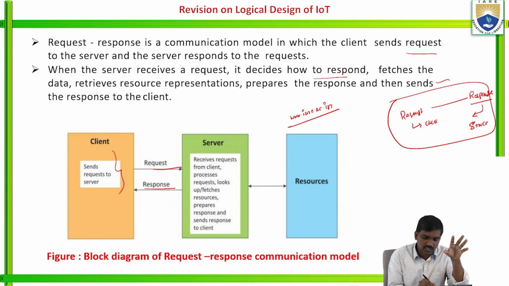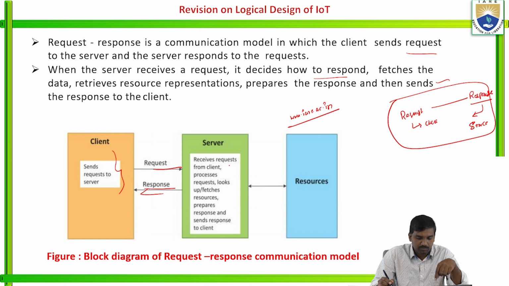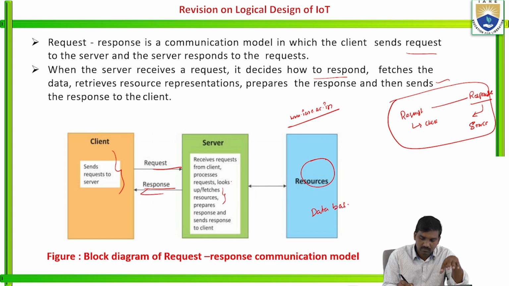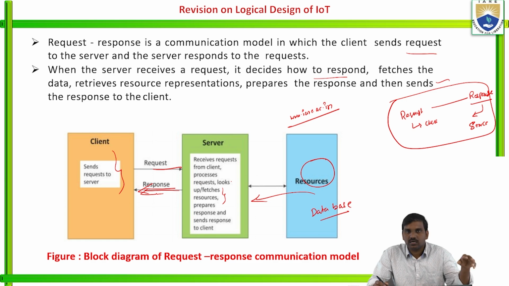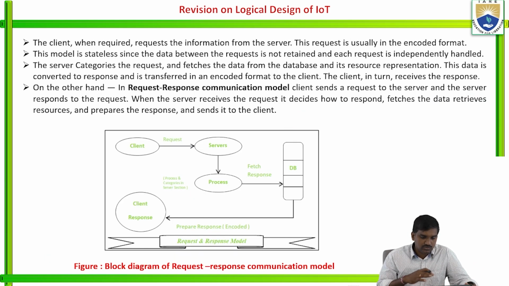The server receives the request, processes it, and fetches the data from the resources, nothing but the database. Then it sends the response back to the client. This is the main elaboration of the request response communication model.